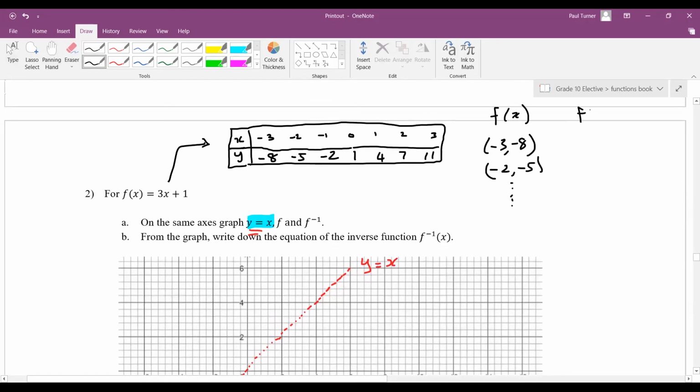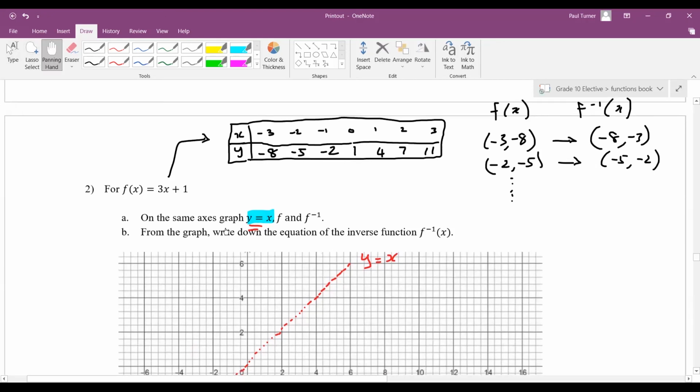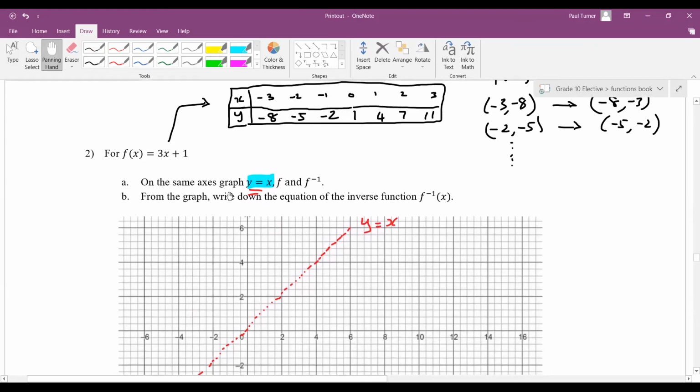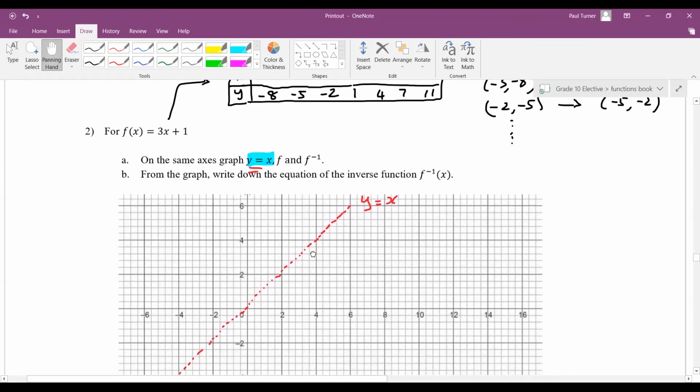Now when you draw your inverse, we will swap these pairs. So that would become (-8, -3), (-5, -2), like that, okay? And you draw that second. So what do we got? (-3, -8), that's too far down.